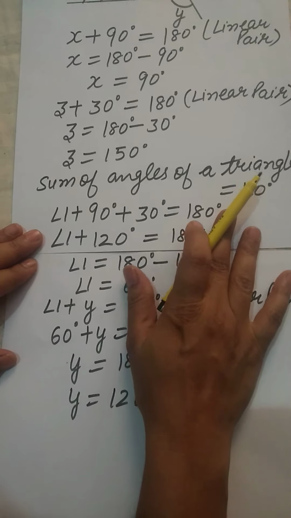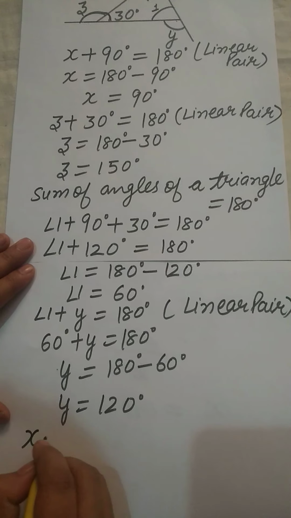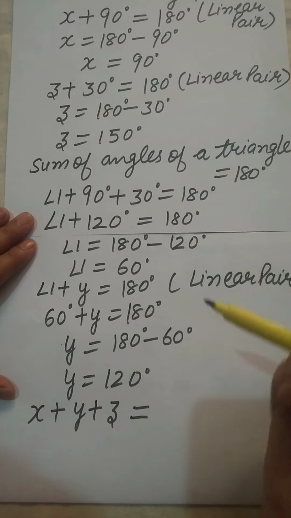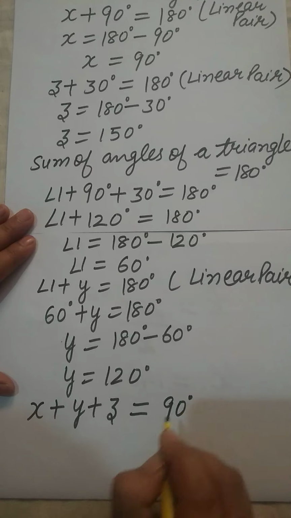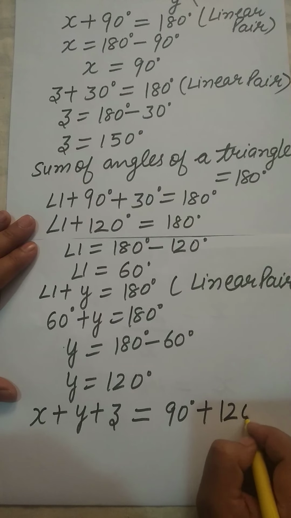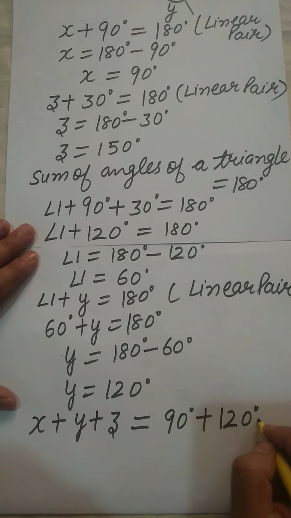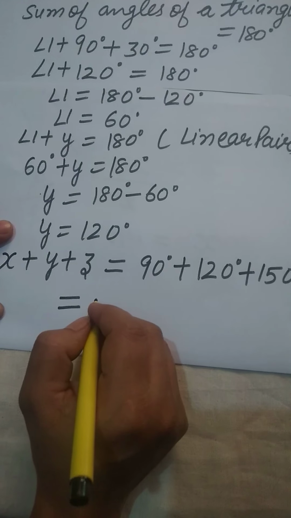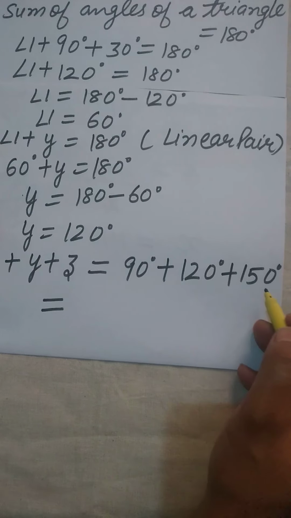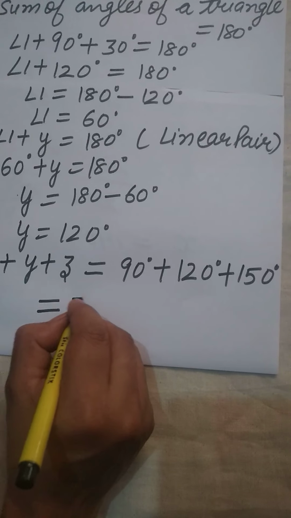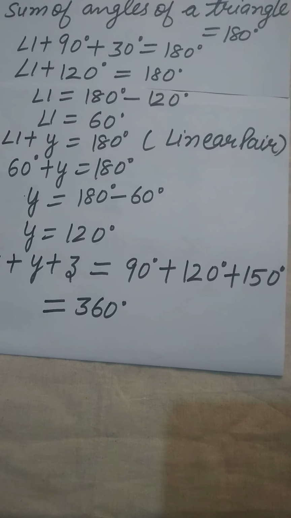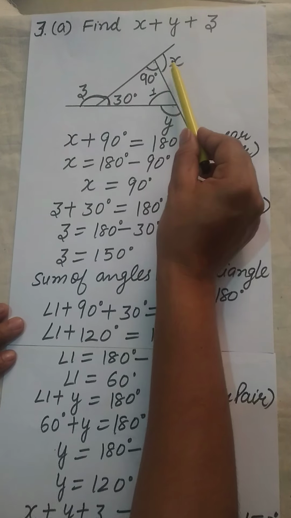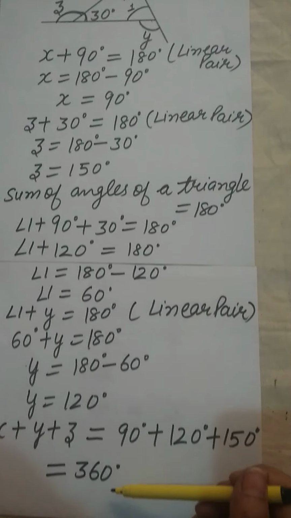So here x plus y plus z is equal to, the value of x is 90 degree, the value of y is 120 degree and the value of z is 150 degree. 90 degree plus 120 degree plus 150 degree is equal to 360 degree, or you can say that the sum of exterior angles of a polygon is 360 degree.